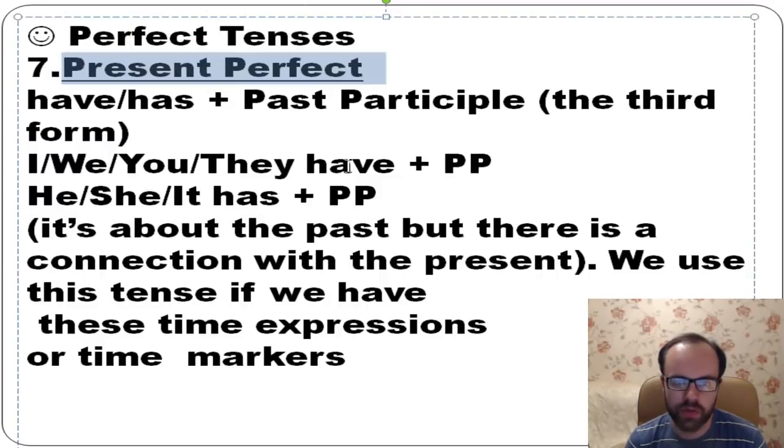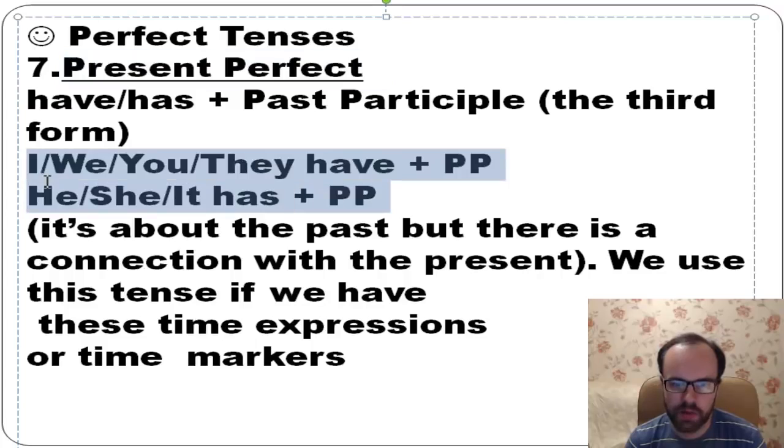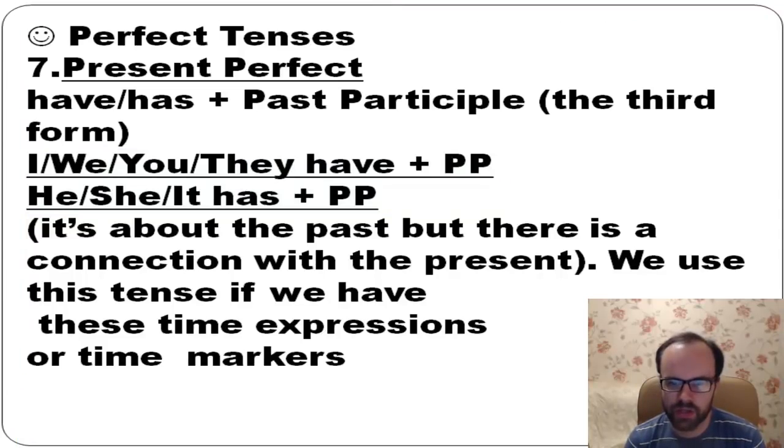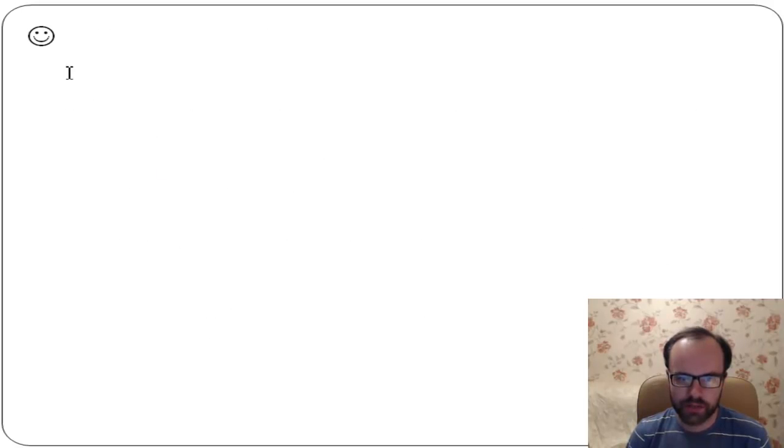So if we use they have plus past participle and he, she, it has plus past participle, it's about the past, but there is a connection with the present. We use this tense if we have these time expressions or time markers. Okay, so time markers.